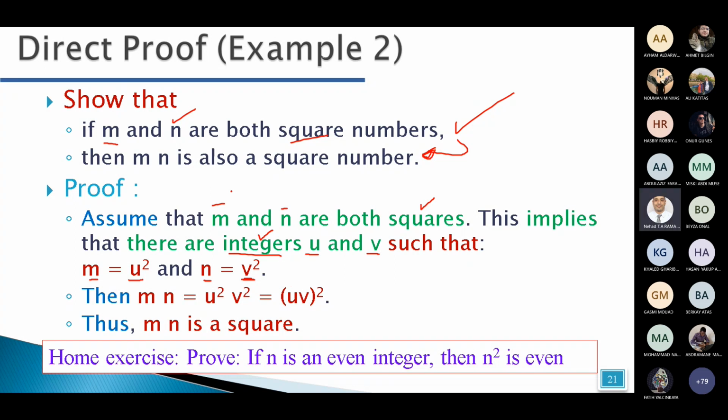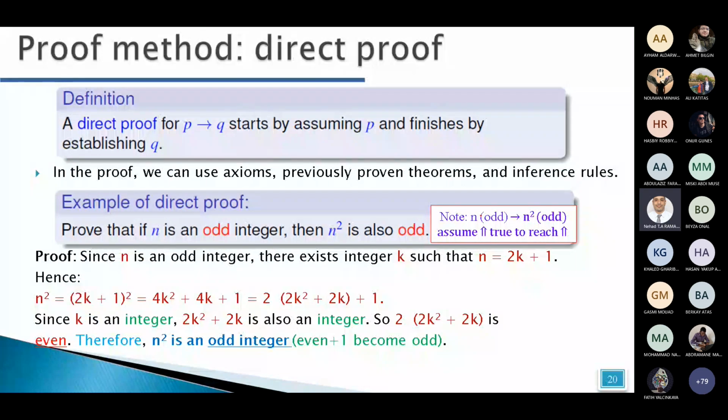Now we will always do this mathematical proof like this. You start from the left side, the given information, and apply this information here. Even in the previous example, we supposed that this one is true, then we applied the value of n here with n to the power 2 to get that it's odd.